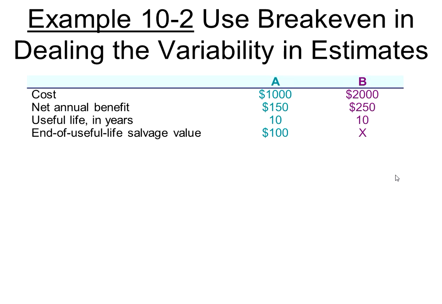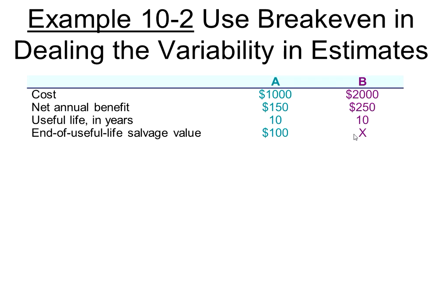Here we have two projects again, A and B, with the same values as before for A, and the same values for B, except that the salvage value is an unknown. So we want to know when these two projects are equivalent. When do we break even?